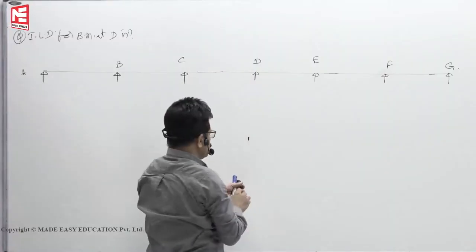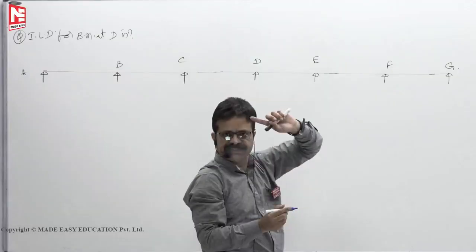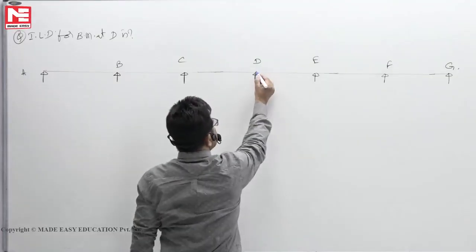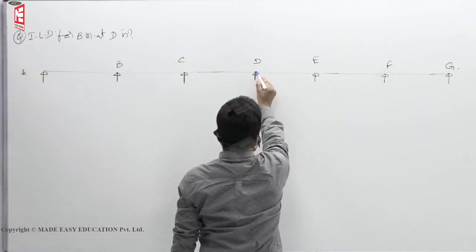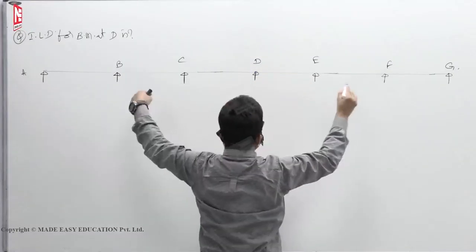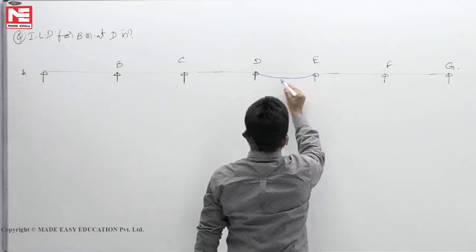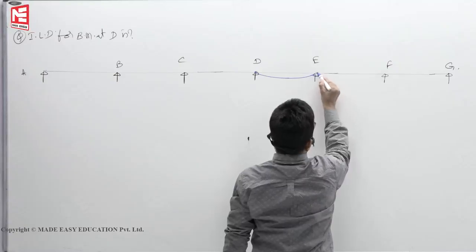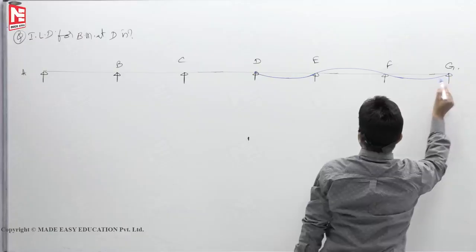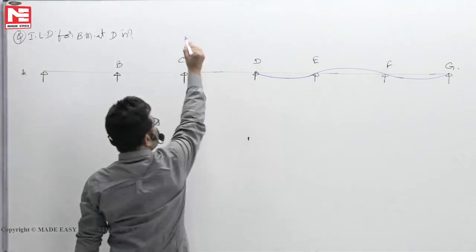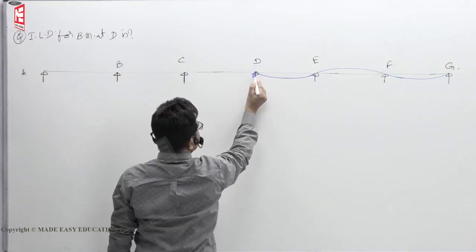So having understood that point, without removing the supports at A, B, C, D, E, F, G, assume an imaginary hinge at D and apply unit rotation. Not only one span, both spans will rotate. It will go down like this. Once it goes down, here we didn't remove the support, so it will go up, it will go down. Here also you must push it down only, not upward, because whether load is here or here, bending moment at D is negative.